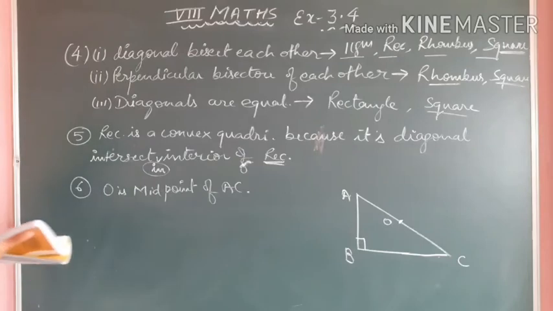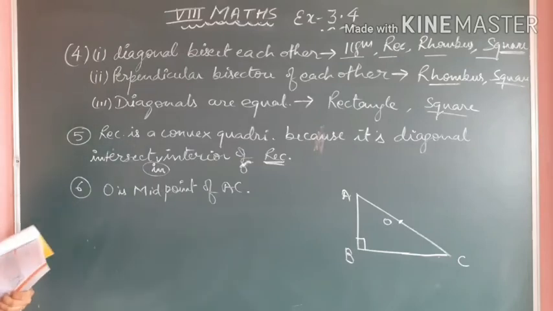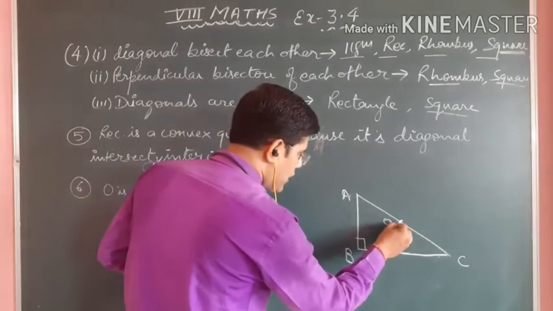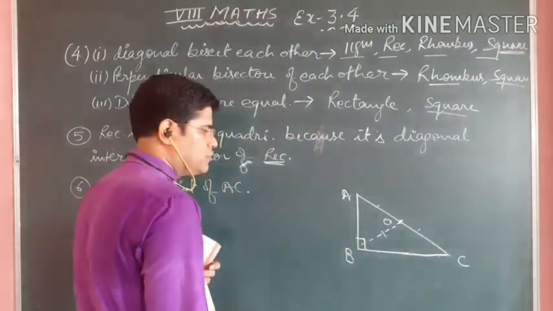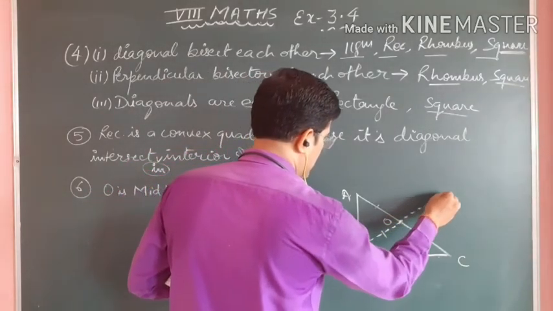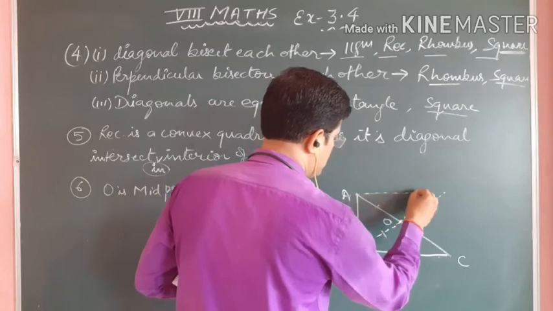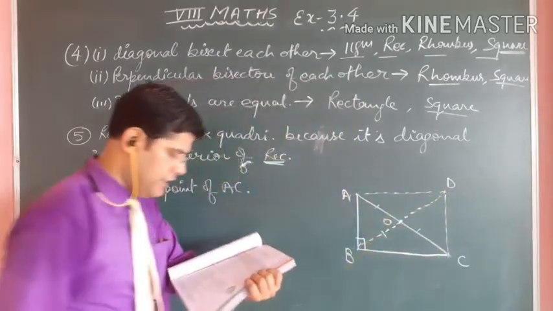So we have to explain that O is equidistant from A, B and C. So it must be like that: OB equal to OA equal to OC. It can be possible when we draw this line BO and join from A and C and refer the point D.